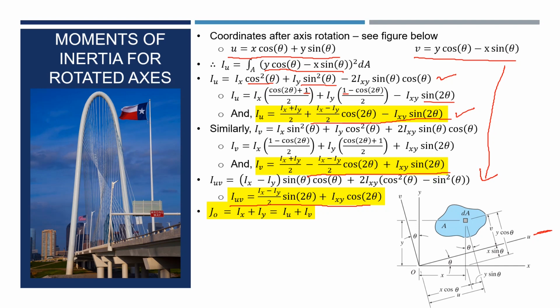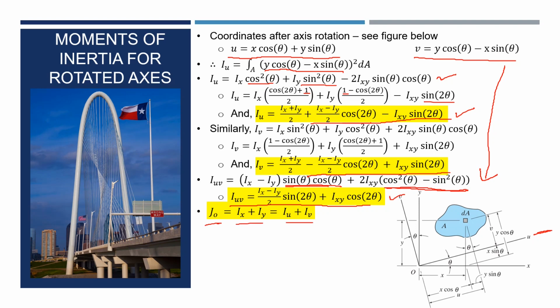We're going to take the binomials, multiply them together. We're going to identify this. After we multiply binomials, this is cosine 2 theta right here. This is sine 2 theta over 2 right here. So we get this expression for I sub UV. And then J doesn't change.